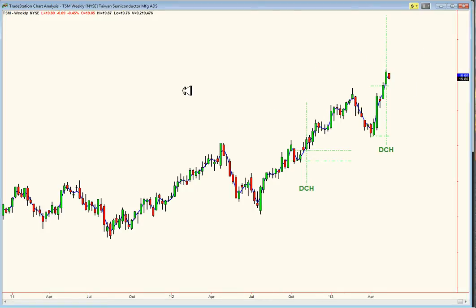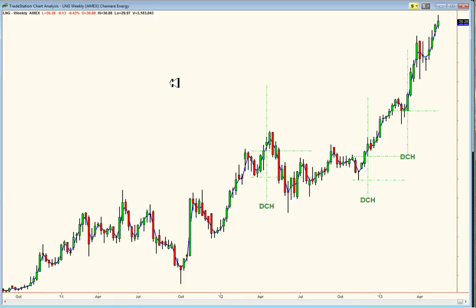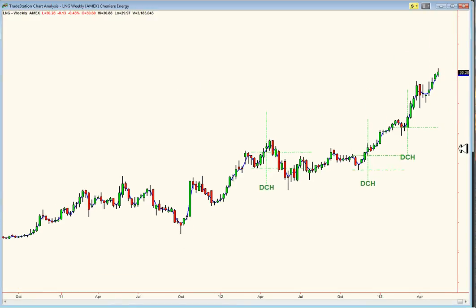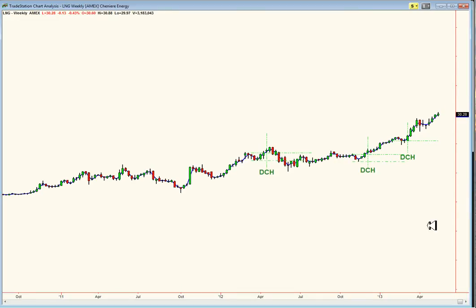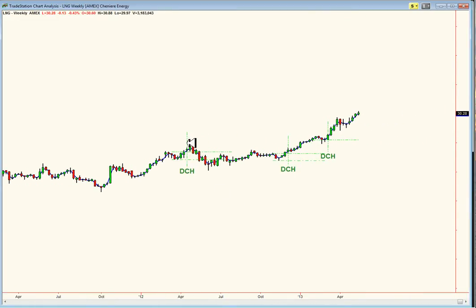All right. Pullback breakouts. Let's take a look at a few of these on the weekly chart. LNG. We had some pullbacks here. It never gave a signal, I'm sure, on the daily chart.